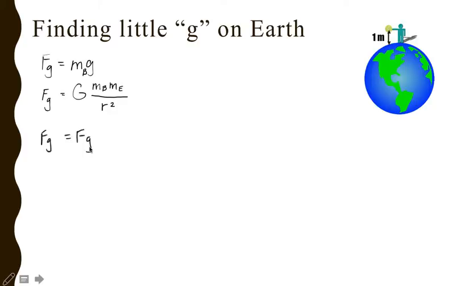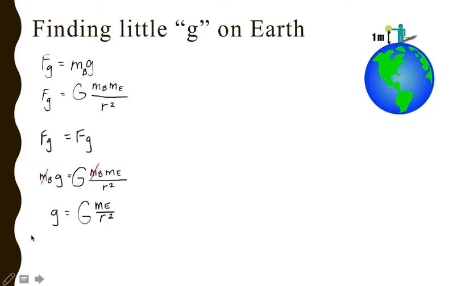So if we set them equal to each other, we get Fg equals Fg, and plugging in our equations, the mass of the ball times g equals the gravitational constant, mass of the ball, mass of Earth, divided by r squared. We'll notice the mass of the ball cancels. We're left with g equals big G, our universal law of gravitation constant, times the mass of the Earth over r squared.